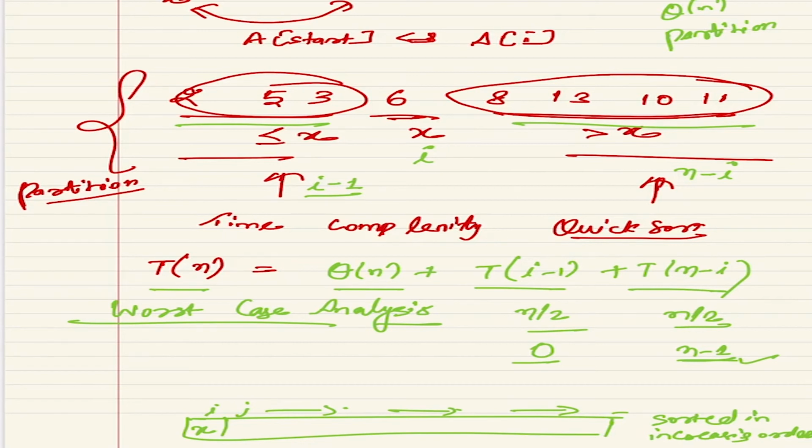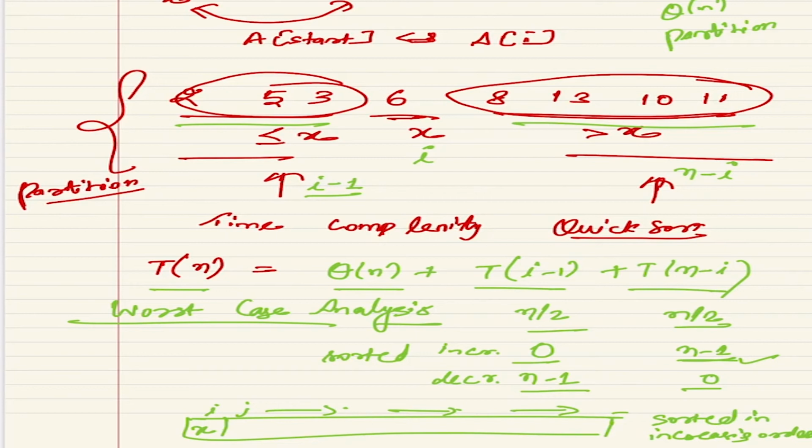This will happen when the array is sorted in decreasing order. That time x is the largest value and everything is smaller than x, so n minus 1 and 0. So in both cases, sorted in either increasing or decreasing order, the partition will be very skewed.